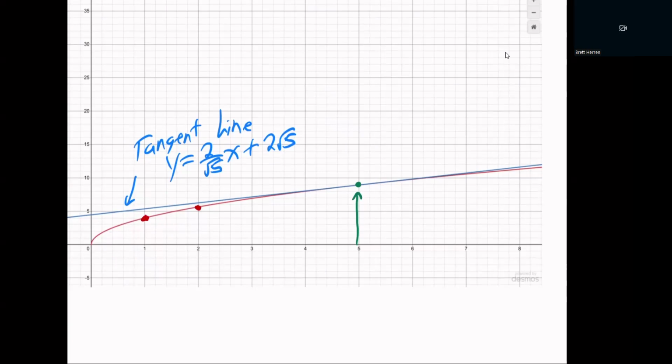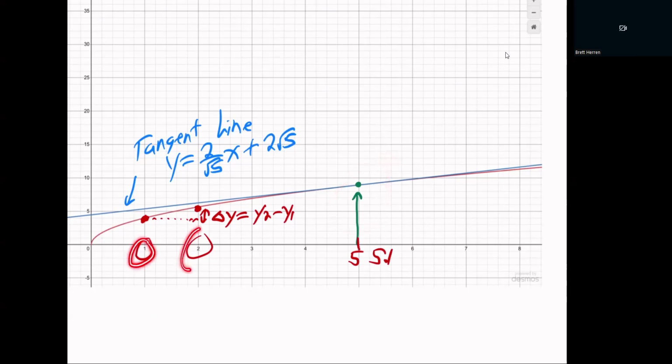This height, so that would be delta y. It's y2 minus y1. It's the difference in heights. Now, I didn't really go from 1 to 2. We actually went from 5 to 5.1, but it's just too small to see anything on my graph.